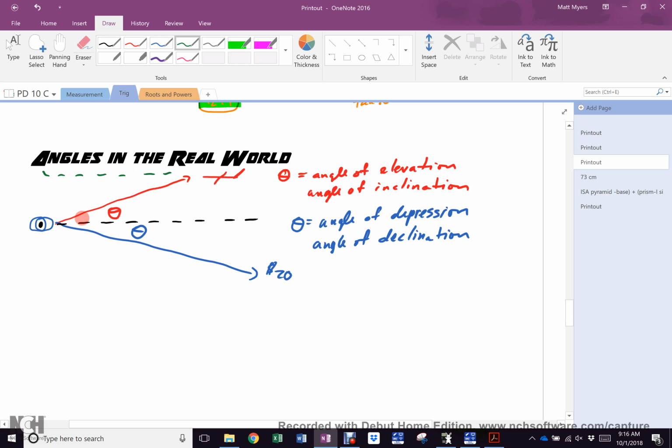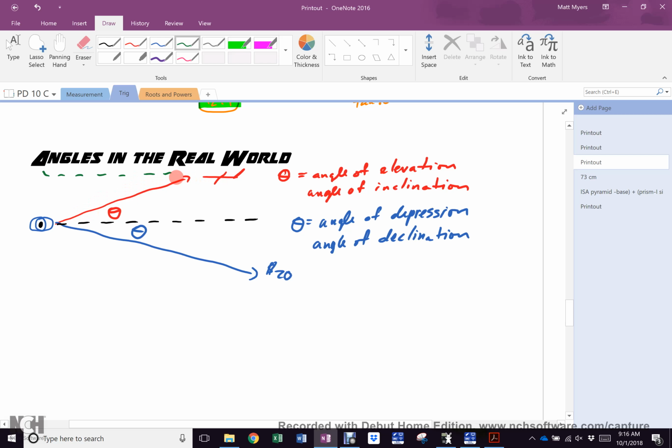But now it looks down at the creeper, yes? So this angle here is what? A blue or a red theta? It's a blue theta because it's an angle of depression, isn't it? But it's exactly the same as this guy's angle of elevation. Does everybody understand? Because your eyes would meet on this line.